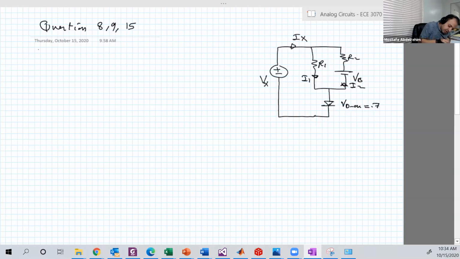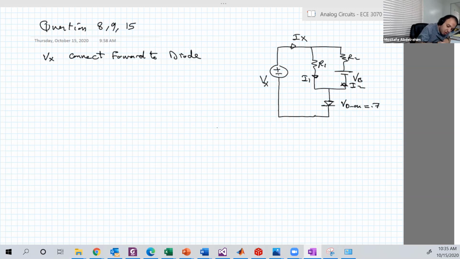So let's see. Vx is connected forward to the diode. Just look at it. The positive is with B, the negative is with N. Or you can do it in another way: just look at the current that the battery wants to push into the diode and check the directions.